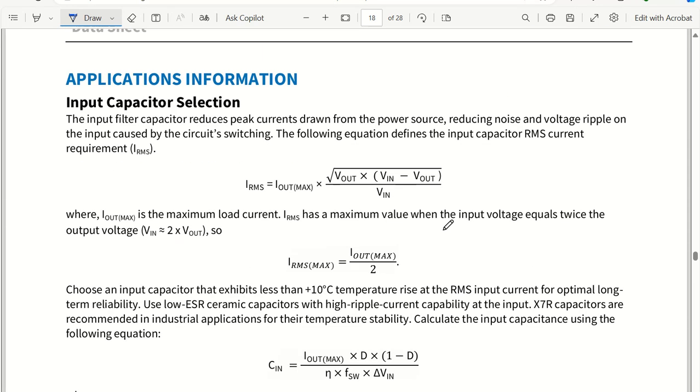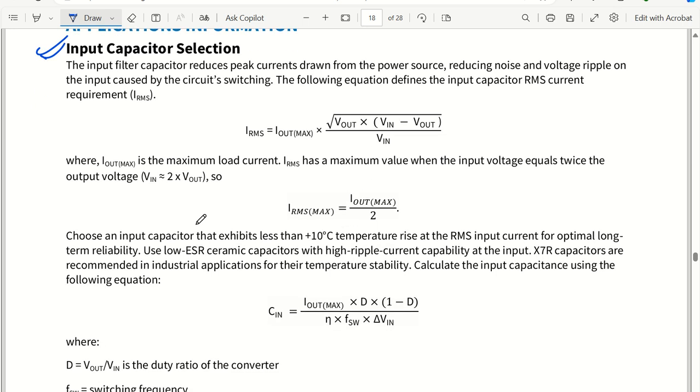Okay, good. Coming back to the input capacitor selection. If you want to calculate the capacitance, you can utilize this particular formula, using what is my input capacitor RMS requirement. You can utilize the output current required, the output voltage, the input voltage, all you know, right? So you will find out your IRMS.